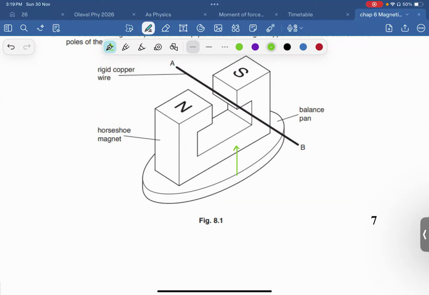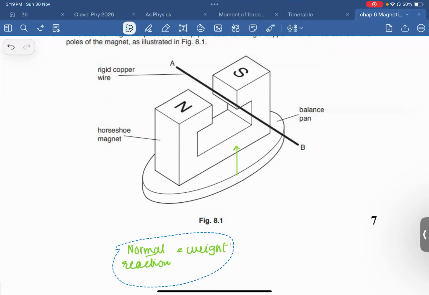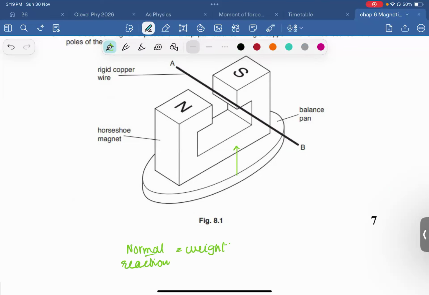So normal reaction is equal to the weight, right? If there wasn't any current. If there is any current which decreases the reading, this means it will be subtracted from the weight, or it will be added with the normal reaction force, right?